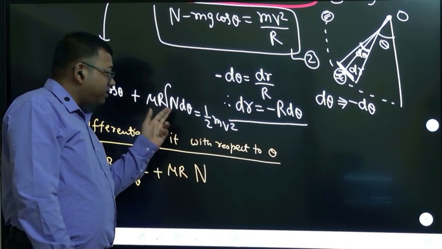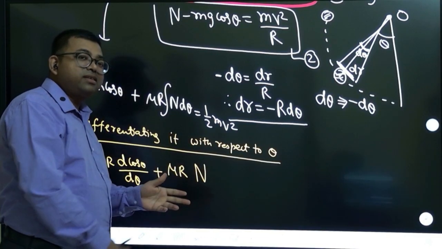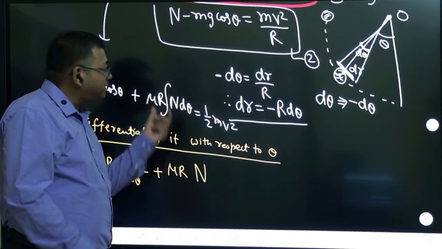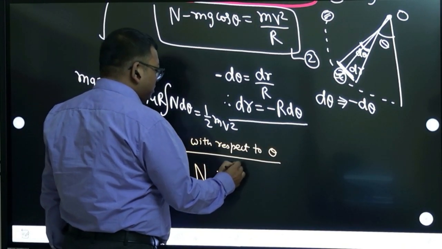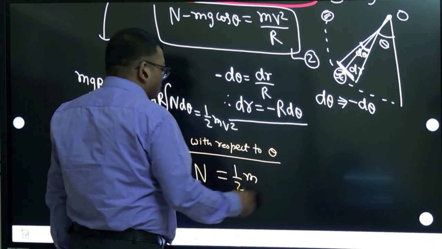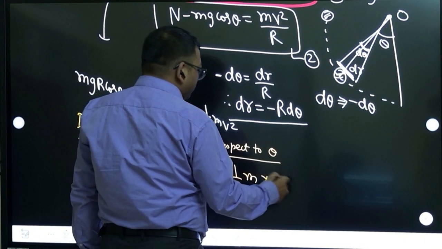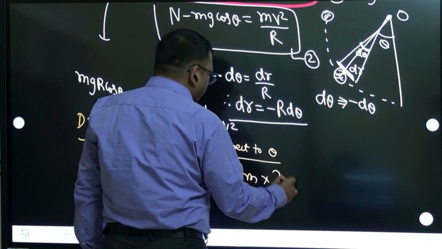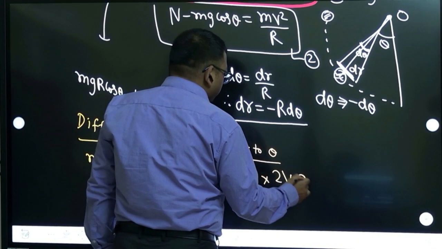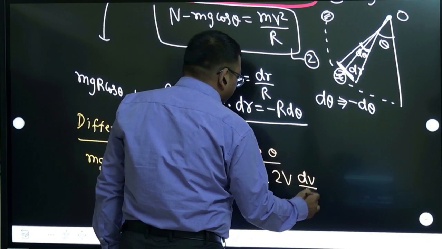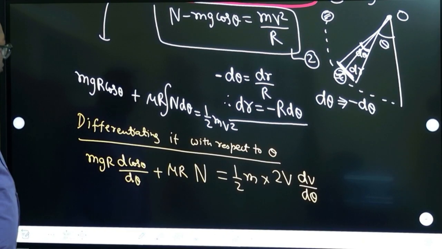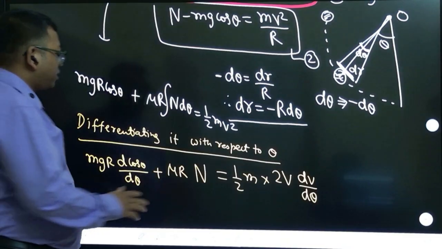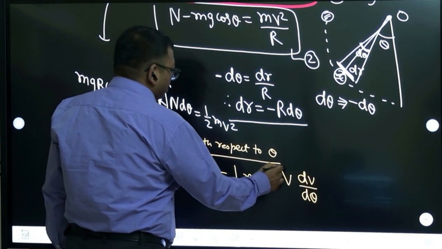So this is integration already, and when you differentiate it, integration and differentiation cancel, you will get the same function n. Right hand side you differentiate, half m comes out. V square you differentiate, by chain rule 2V, and velocity with theta is dv by d theta. Okay, dv by d theta you can do. So let us keep it like this. Here 2 can be cancelled, of course.